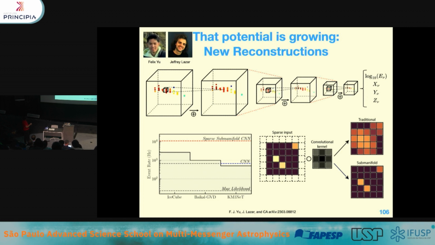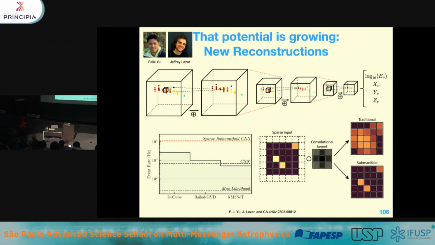We're talking about tens of hertz. If you use a CNN, you can get to almost a kilohertz in speed of reconstruction. And if you do our sparse submanifold reconstruction, you can do this with almost a speed of 10 kilohertz. And why is this important?